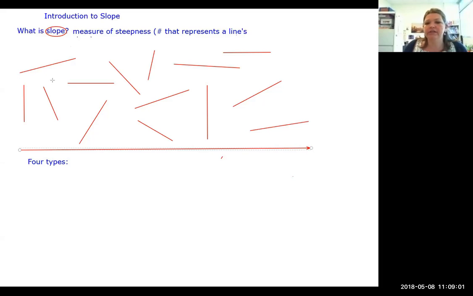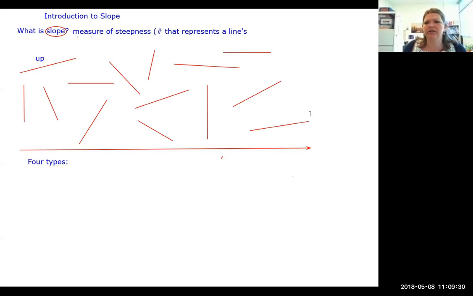So when you look at these lines, let your eyes sweep from left to right. Let's take a look at this first line, up in the top left corner. If I read it from left to right, is this line going up or down or neither? I think it's easy enough to see that it's going up.